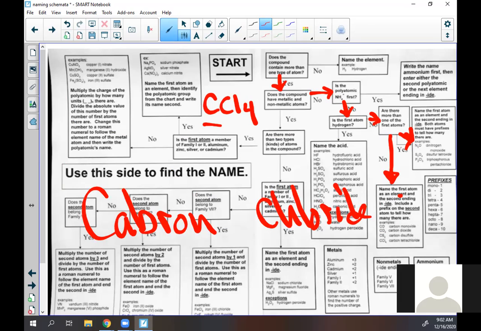But it says to include a prefix, and I can find the prefixes right here. 4 is tetra. Carbon tetrachloride. So it literally tells you it's a carbon and 4 chloride atoms.